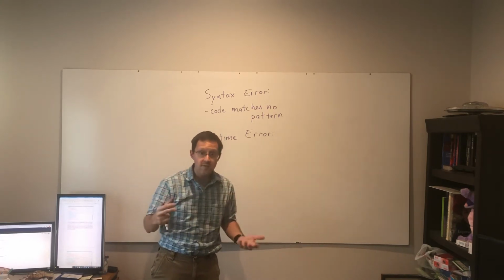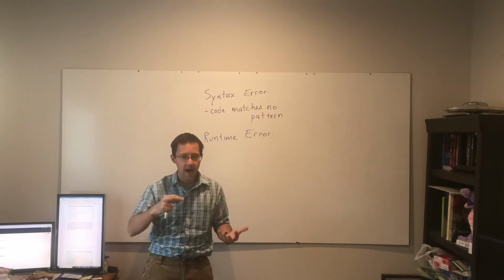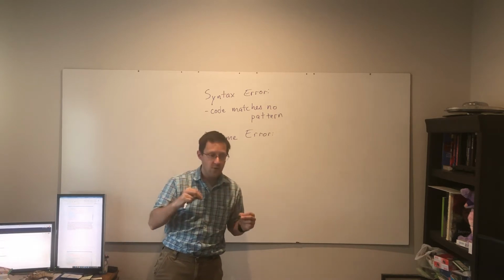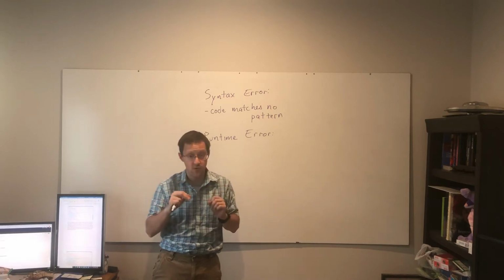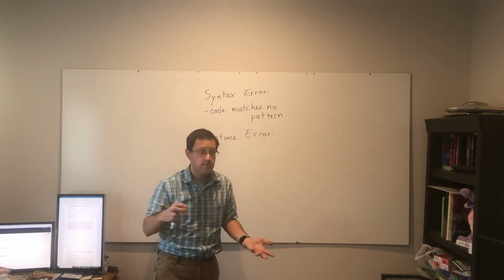With a runtime error, a pattern is matched; it can have the syntax that it is looking for. However, when it actually goes and tries to carry out the instruction, it comes across a problem.